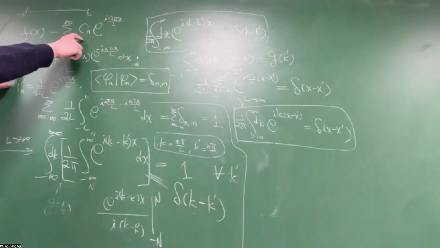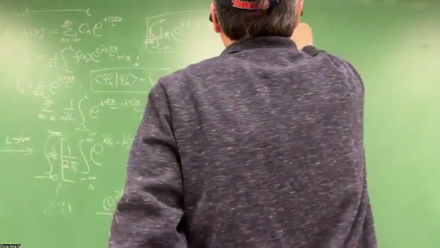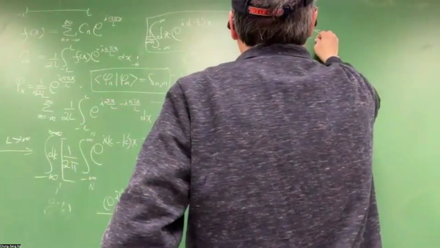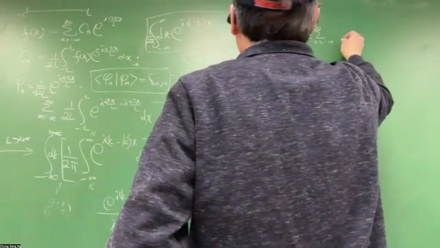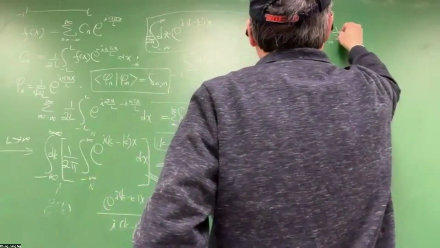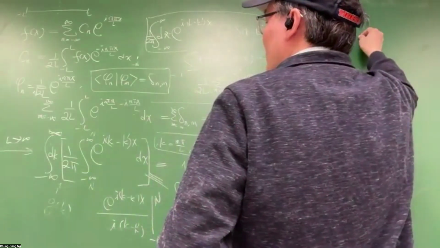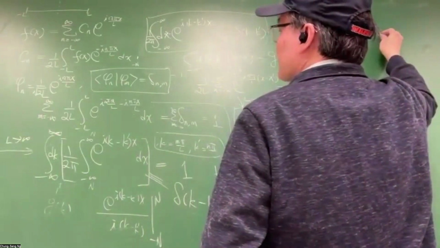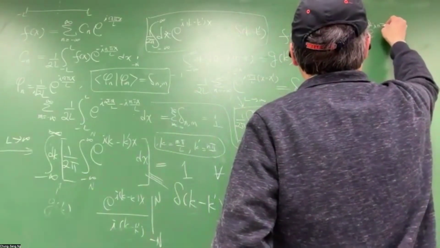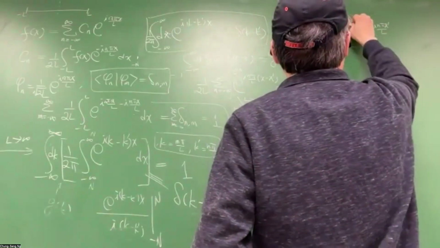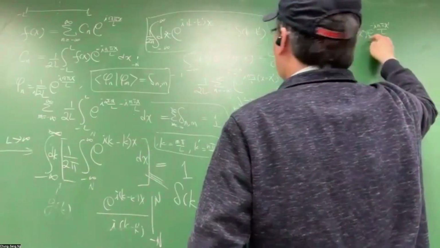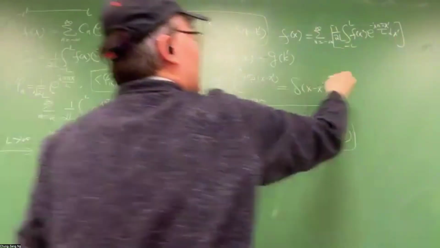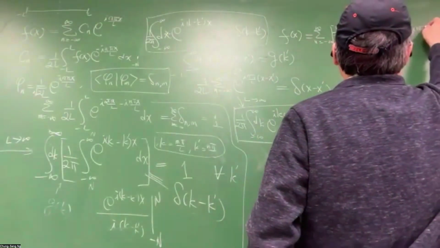When you put C sub n over here, let's write it explicitly. f(x) equals the summation over n, and when we put C sub n here, we change the integration variable to x prime, because we already have an x here. x prime, right? And then this is the C sub n here, and then we multiply by e to the i n pi x over L.